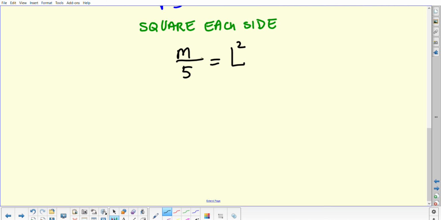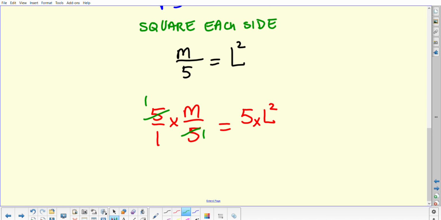And then to get to the m on its own, right, you would need to, this is you dividing by 5, so to get rid of a dividing by 5, you would be multiplying by 5, and you would do that on each side. So on this side, of course, when I multiply by the 5s will cancel, and then my final answer is therefore m equals 5L squared.